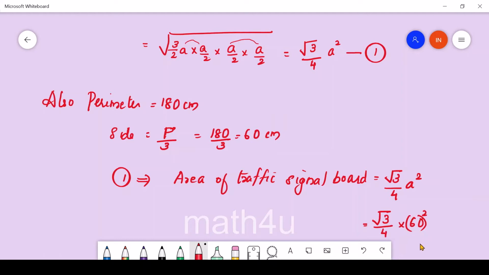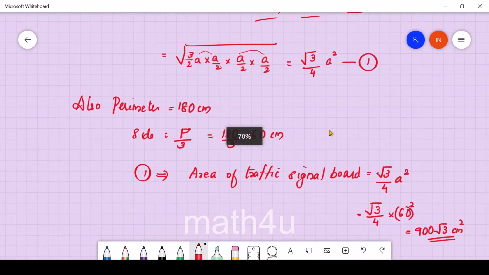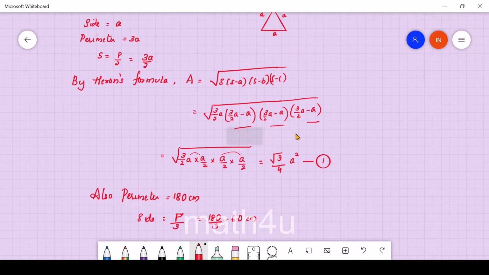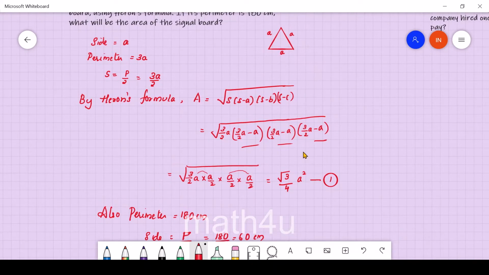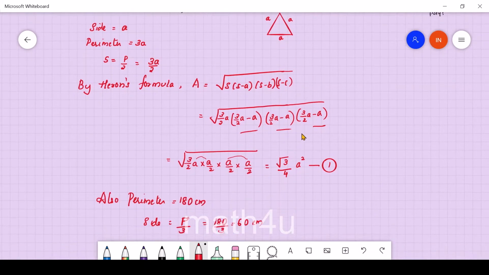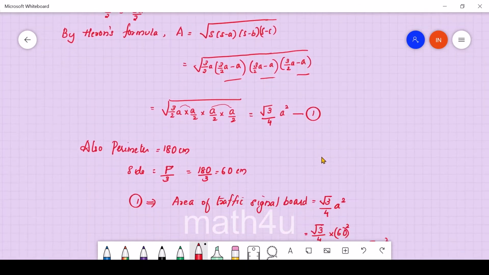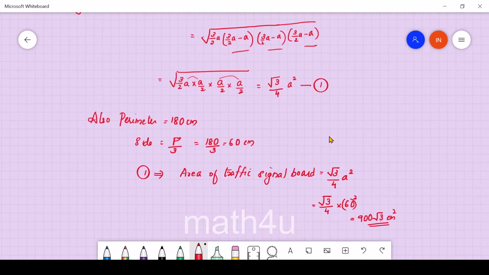So the answer you will get is 900 root 3 centimeter square. Is it clear? This is the way we can solve this type of problem. First, you take down what all is given and apply Heron's formula. Later, as the perimeter is also given, you find the side and substitute in the area. Then you get the area of the traffic signal board.